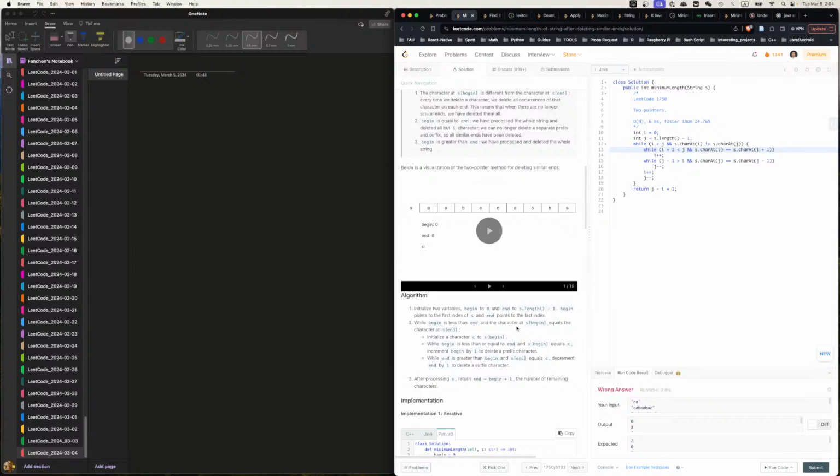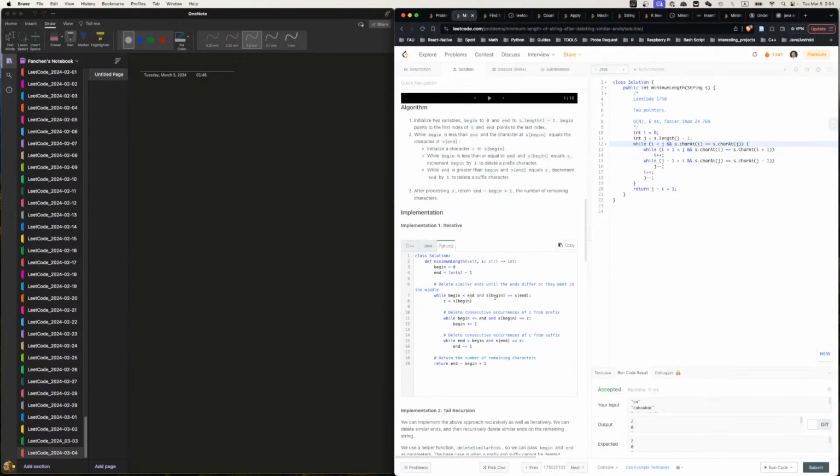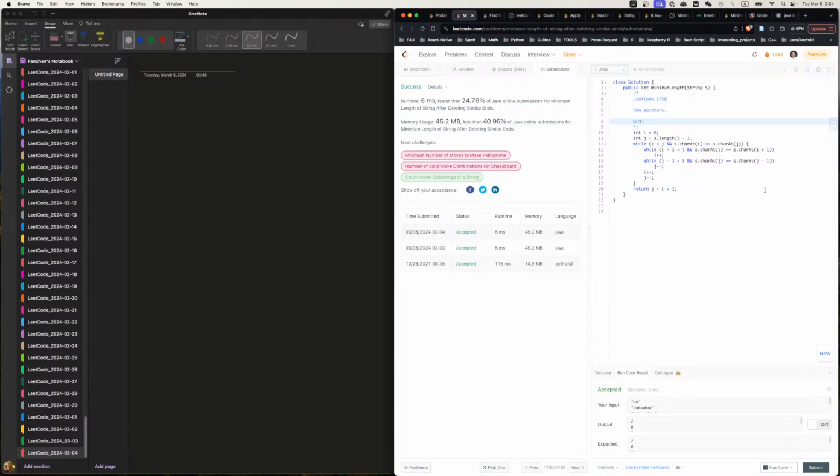Oh, it didn't work. Oh, equal to. Now I do all this. You think it'll make it faster? I don't think so. Yeah, it's the same.